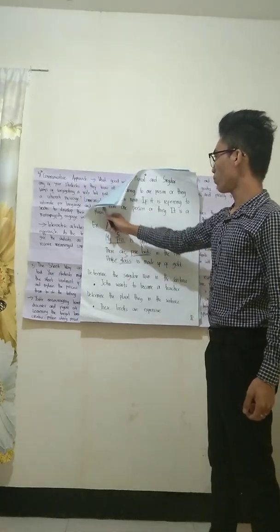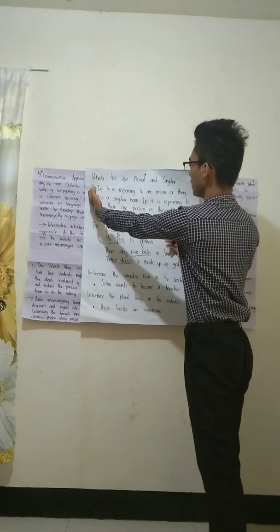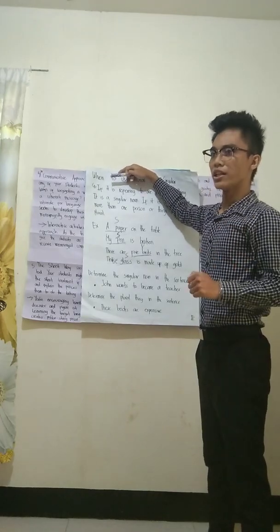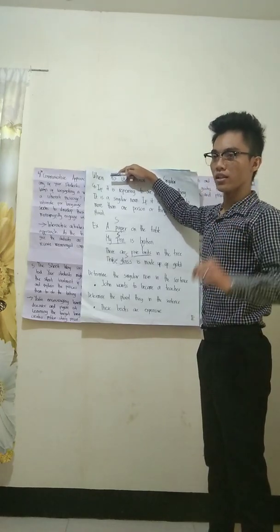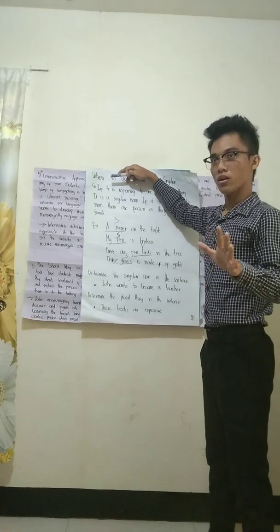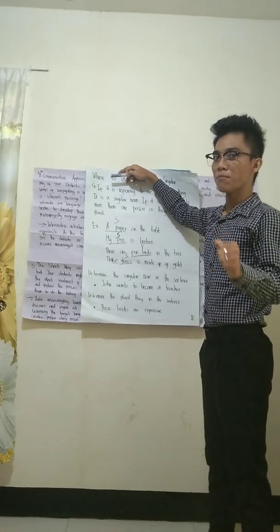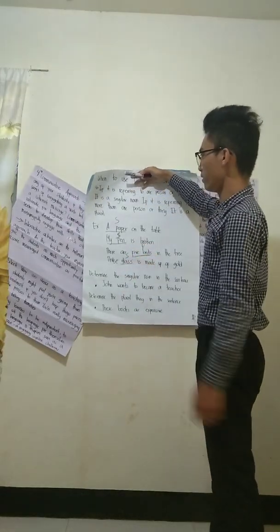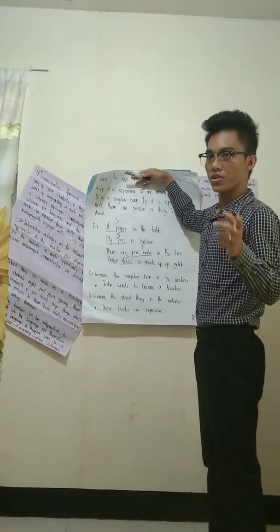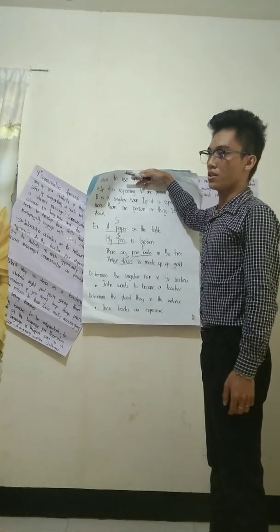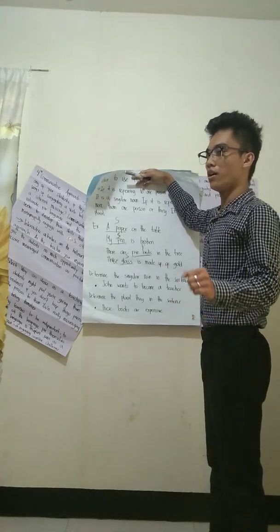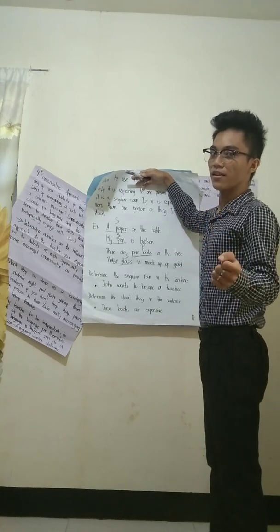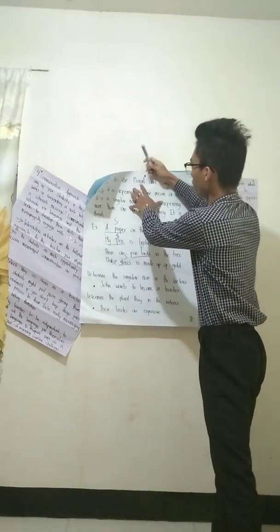If it is referring to more than one person or thing, it is plural. Singular refers only to one thing, such as book, table. Plural refers to more than one thing, such as books, tables, trees, caterpillars, and so on.